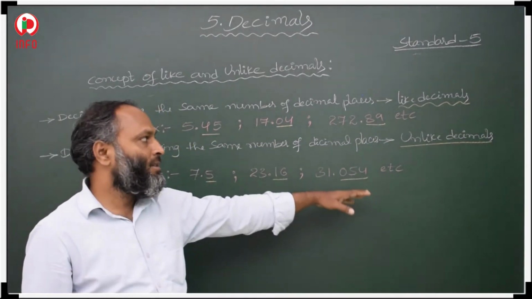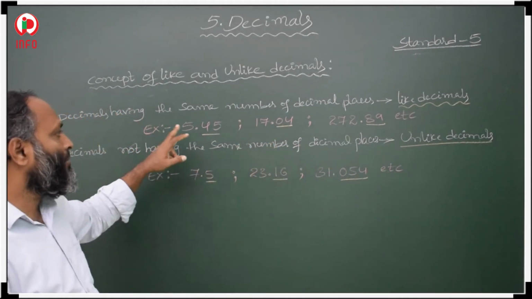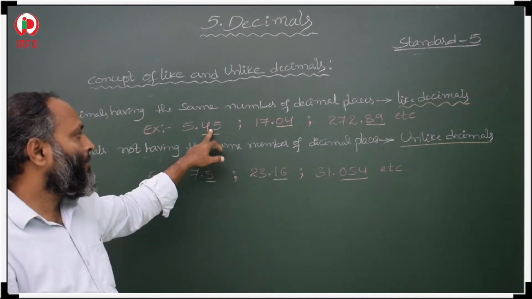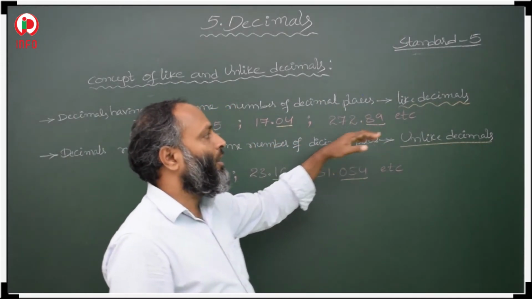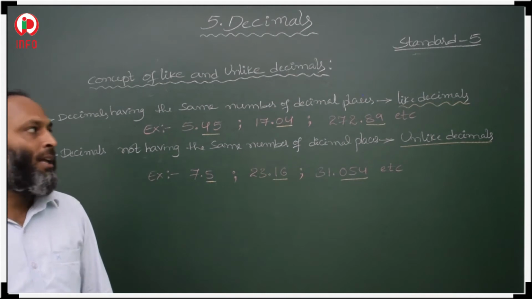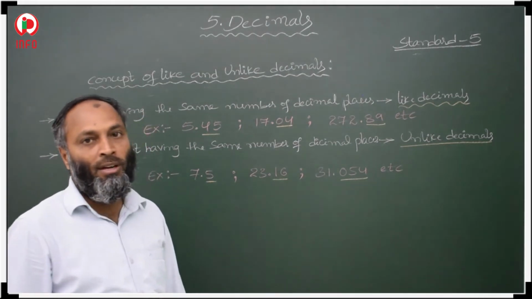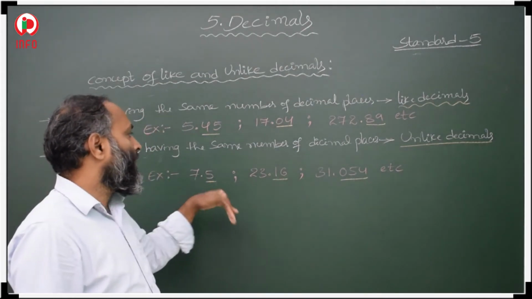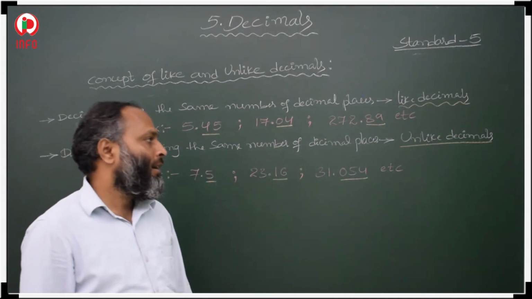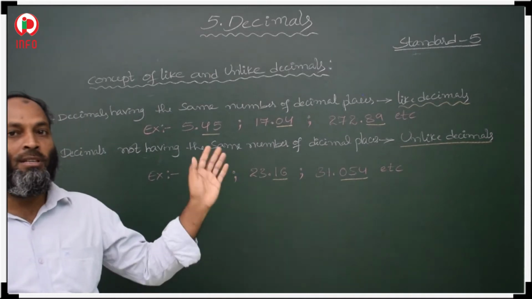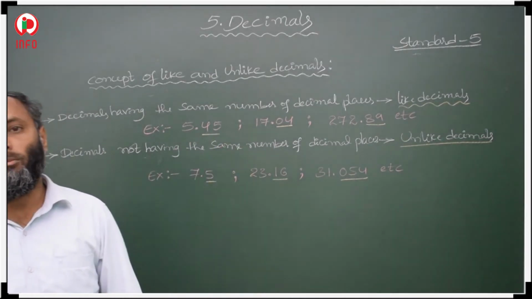Decimals having the same number of decimal places, two here and two here, are like decimals. If different numbers of decimal places are there, they are unlike decimals. Okay, so this is the definition for like decimals and unlike decimals.